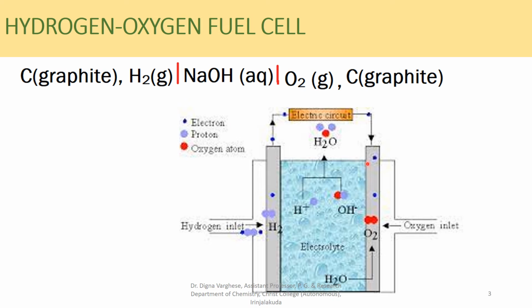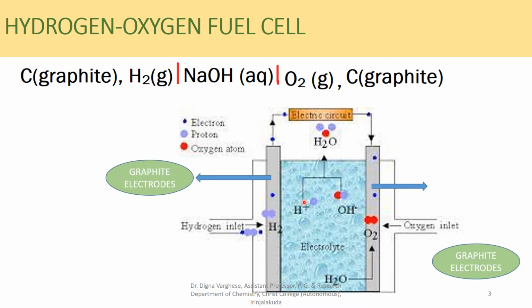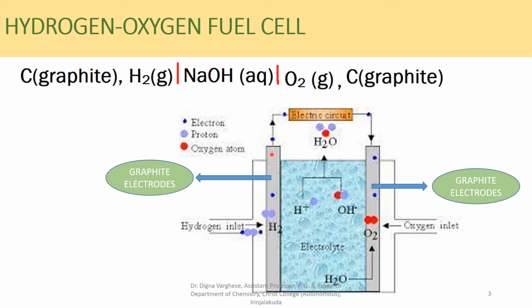You can see here the schematic representation of the hydrogen oxygen fuel cell. The graphite electrodes are shown here, that is porous graphite electrodes impregnated with platinum catalyst. Sodium hydroxide or potassium hydroxide is filled between the two electrodes.